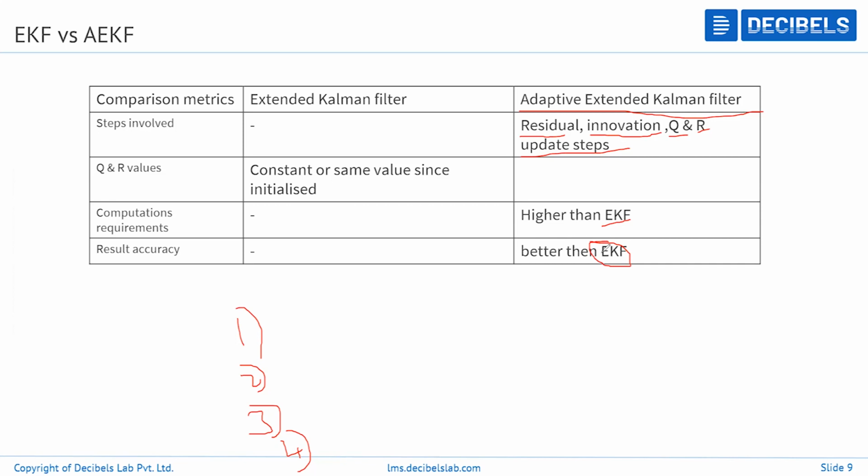And some more comparison: Q and R values will be constant since initialization in the extended Kalman filter, but here they are going to update, or you can say dynamic.